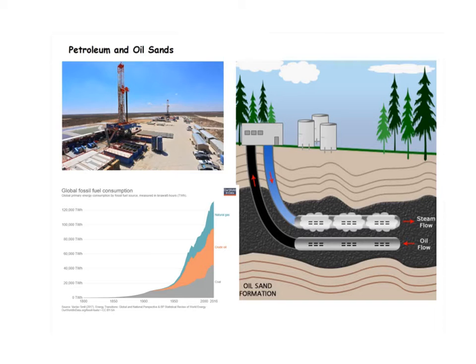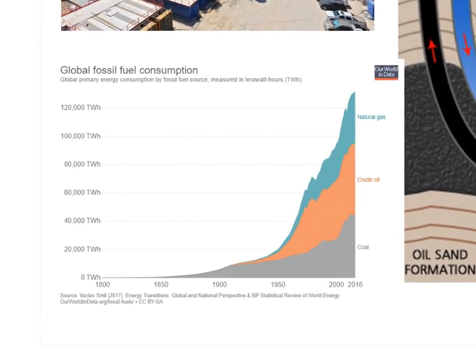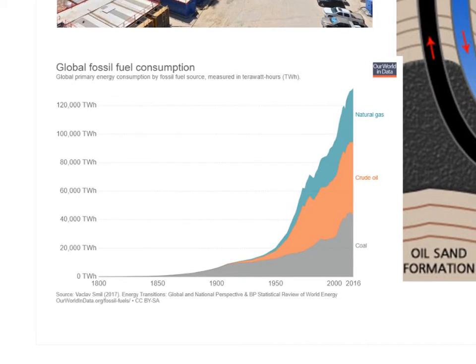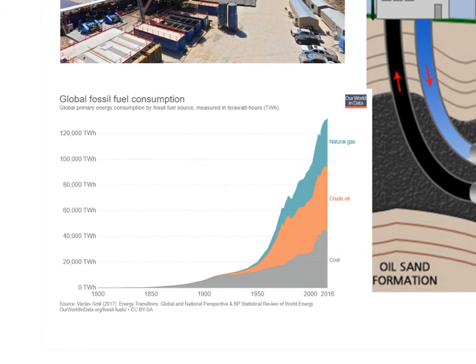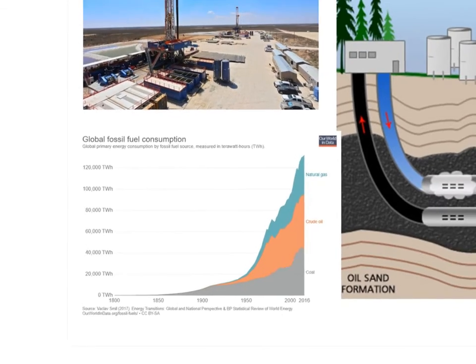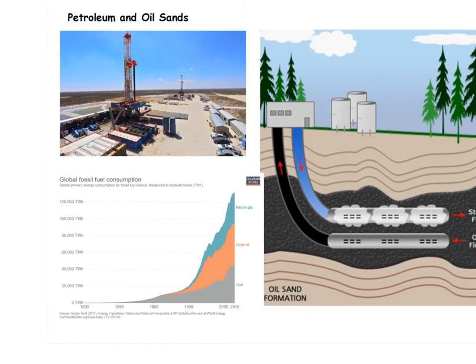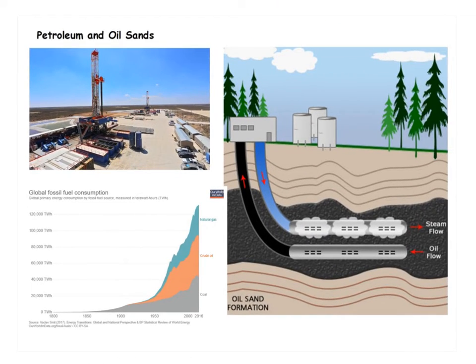Now, these forms are things that we still use quite a bit, and you'll see in this global fossil fuel consumption graph the amount of fossil fuels that we use and how it's increasing year over year, just because infrastructure is set up for that. And also some of these things, like crude oil, we use for other things like plastics or other polymers that are useful to us. So when they look at natural gas here, a main form of that is methane gas.